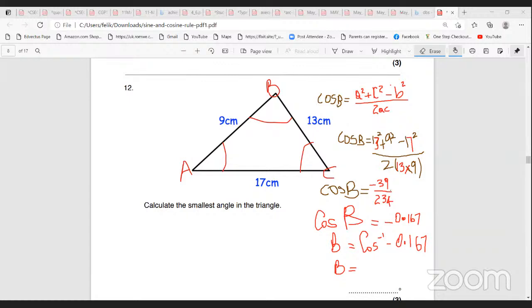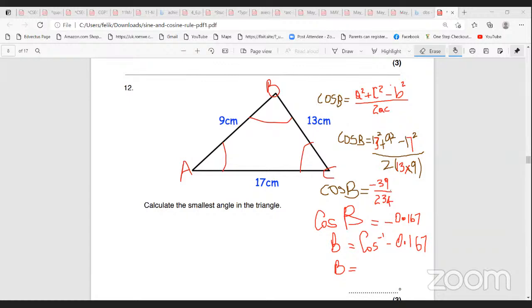That gives us 1.40. Go again, cos inverse. Hold on. 1.73. Well, check again. Cos inverse negative 0.167. 1.73 will round out to 1.7.